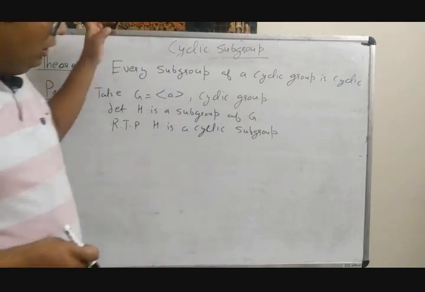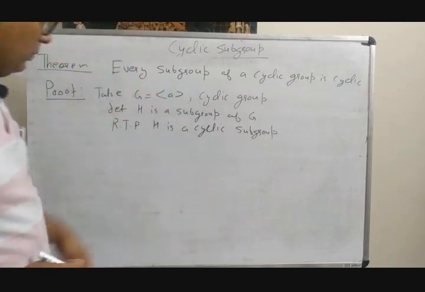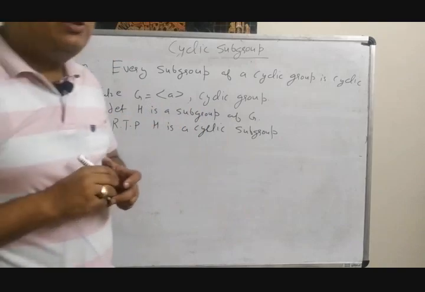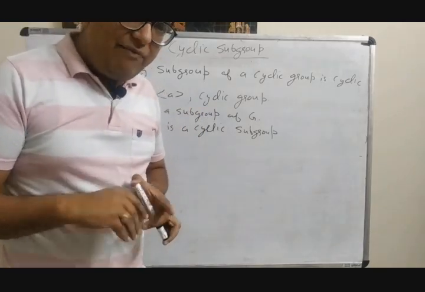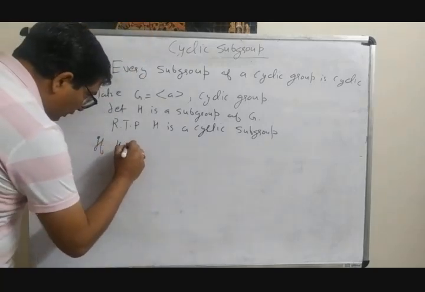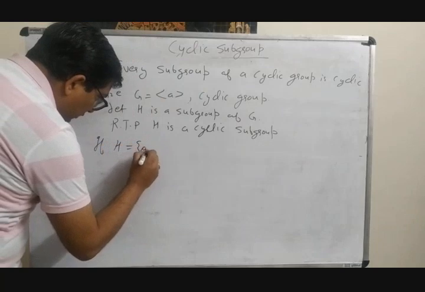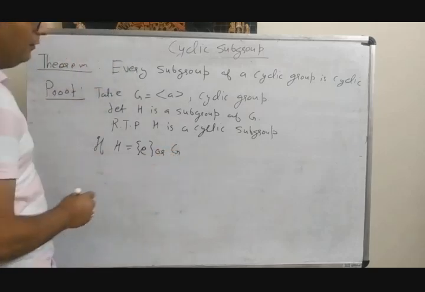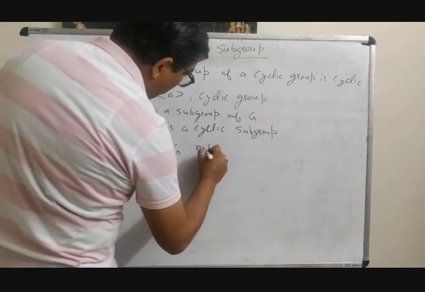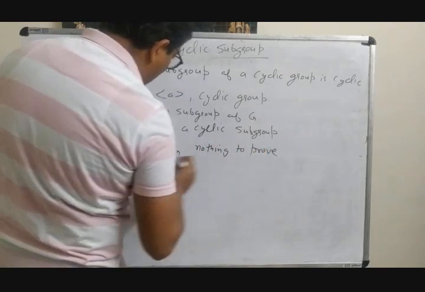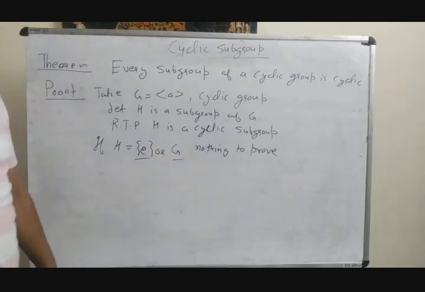Now when we talk about the subgroups, H may be a trivial subgroup or H may be a non-trivial subgroup. If H is a trivial subgroup, meaning H is equal to just the identity element, or G, there is nothing to prove. Why? Because we know that these two are cyclic subgroups.